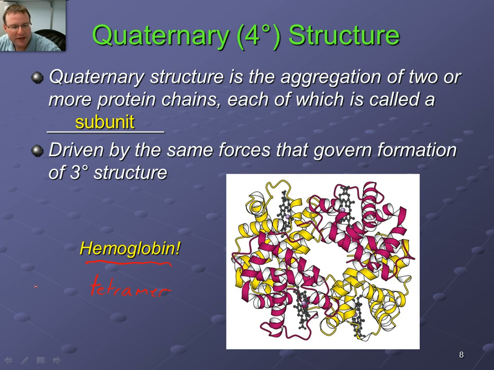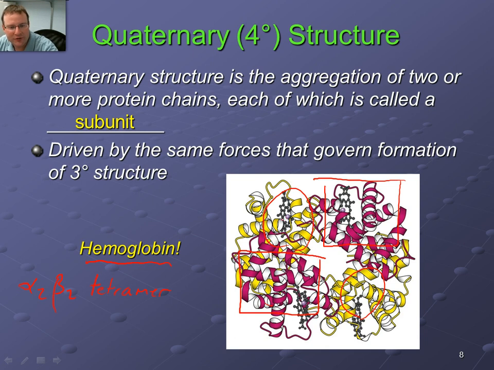And it's actually called an alpha-2 beta-2 tetramer because it has pairs of identical subunits. So we have the two yellow monomers that have exactly the same amino acid sequence, and then you have the two burgundy subunits that have exactly the same amino acid sequence. So this entire protein is simply the aggregation of four individual subunits.